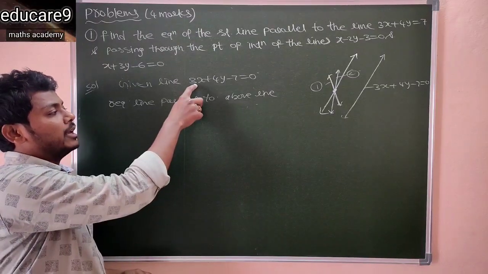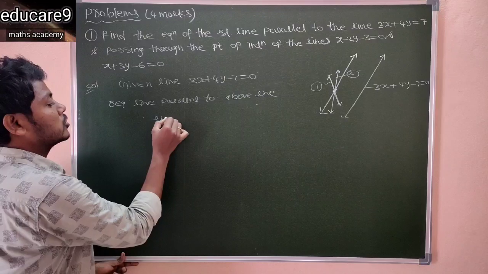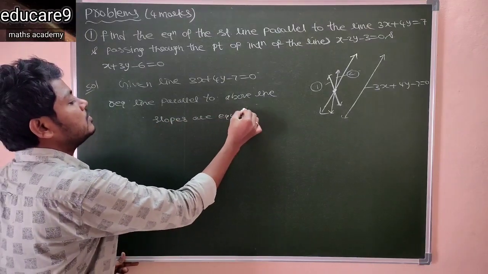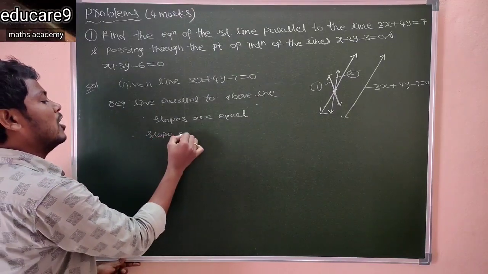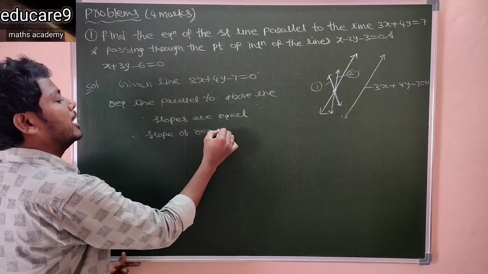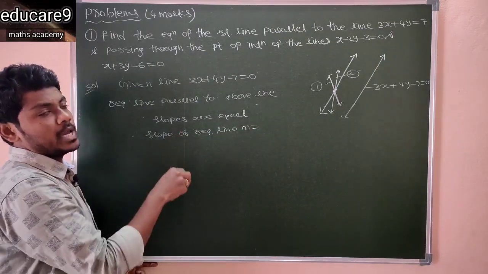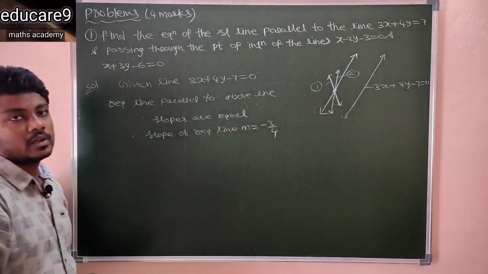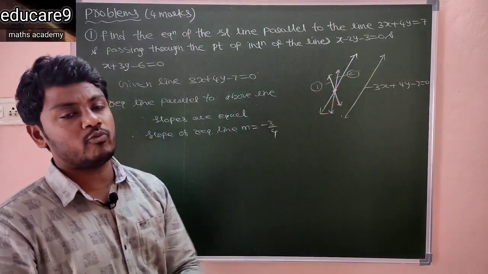Therefore, the slope of this line is equal to the slope of the required line. Therefore, the slope of the required line, m, is equal to minus a by b, that is minus 3 by 4. And the required line also passes through the point of intersection of 1 and 2.